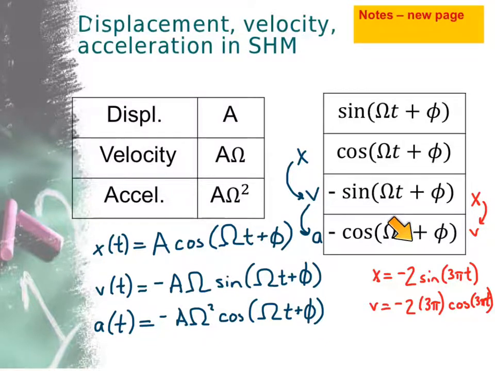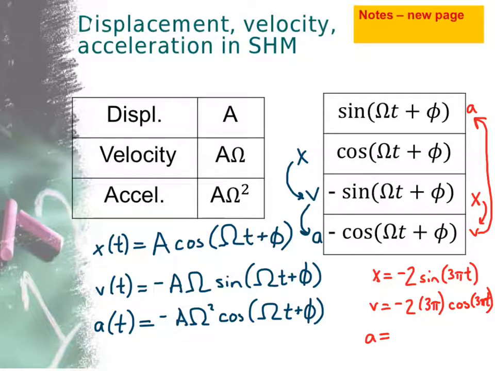Well, what happens after you reach the bottom of this table is that now we have to wrap around and go all the way up to the top. So if I'm going from velocity to acceleration and I'm already at the bottom of my little table, I have to go all the way back up to the top again. And now I want to add on another power of omega. So instead of 3 pi, I am going to have 3 pi, all of that squared.